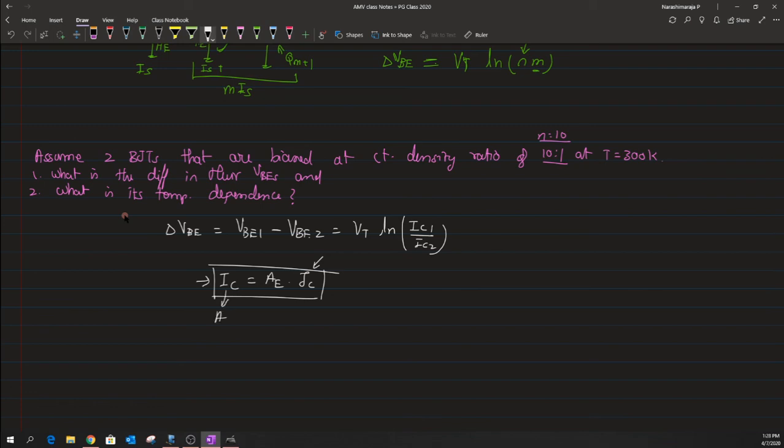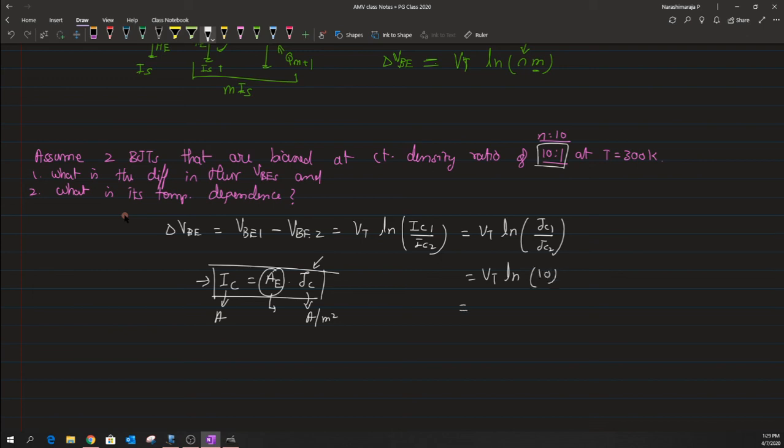This has a unit of amperes, whereas the current density has a unit of amperes per meter square, and when we multiply this with meter square we end up with an ampere. So the ratio IC1 by IC2 can also be written in terms of densities as JC1 by JC2. This is the ratio that has been stated in the question as 10:1. So one would end up with delta VBE proportional to Vt into ln of 10.